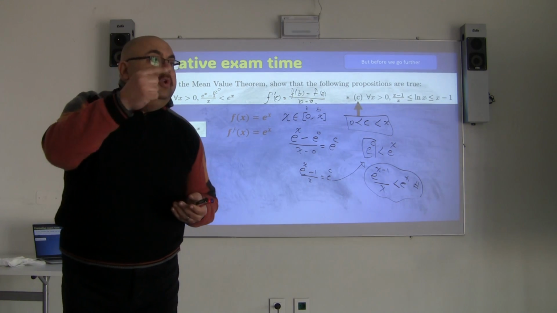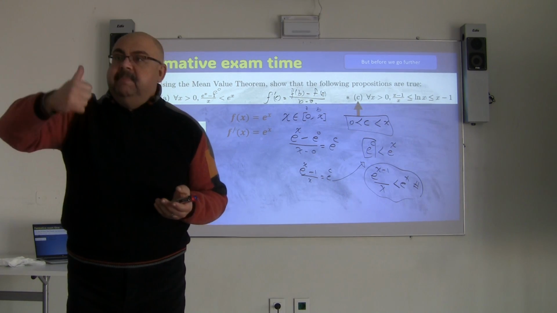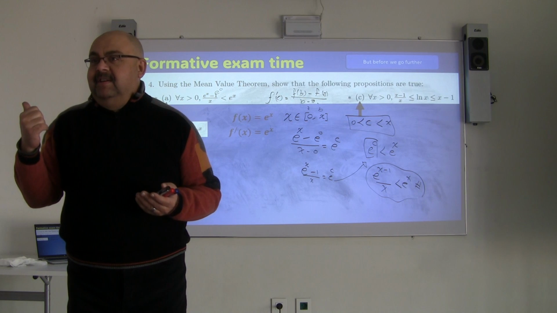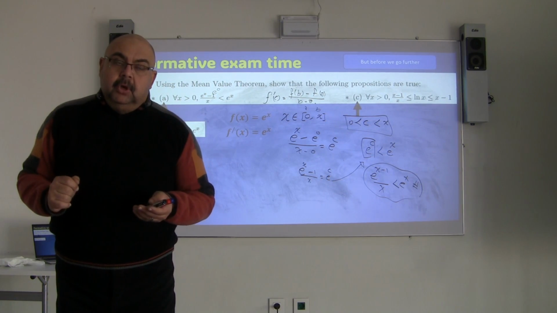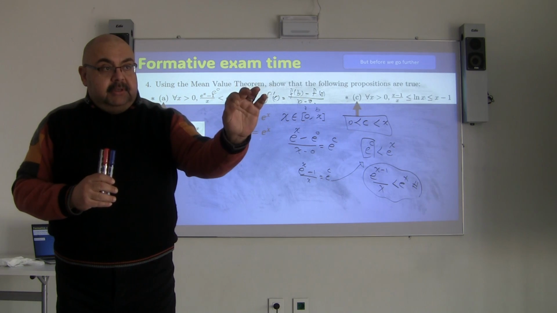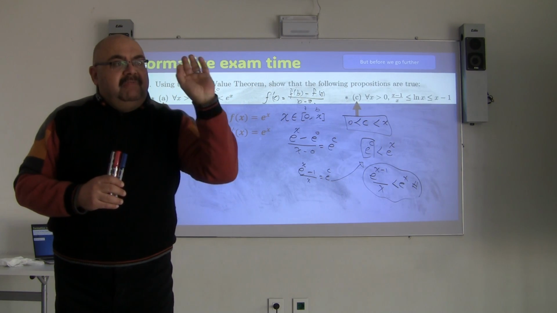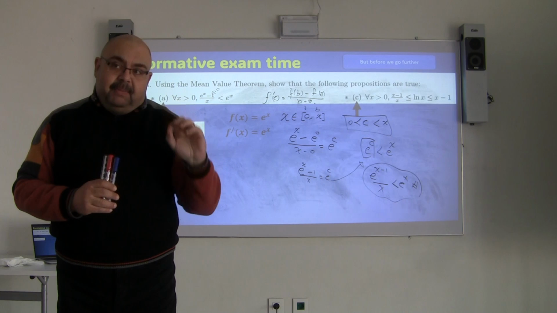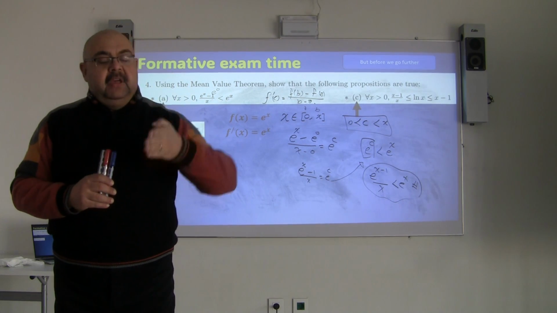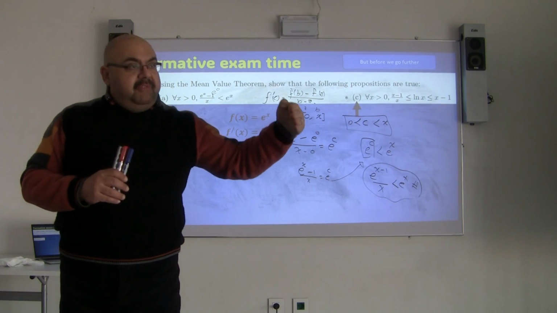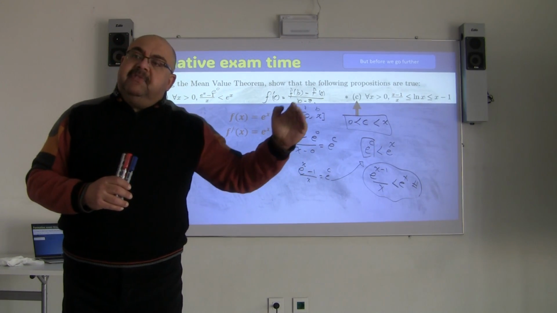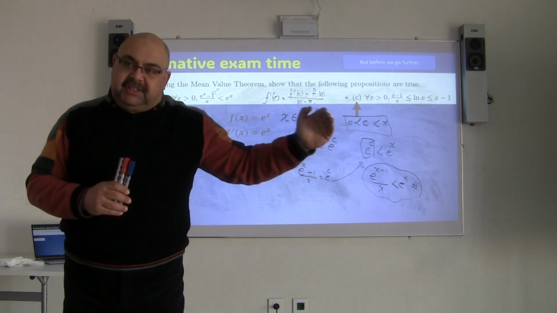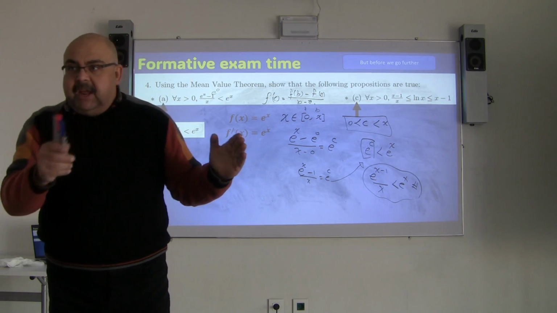Guys, we already solved a problem like this in the previous session, in the mean value theorem, which was a proof about the logarithmic function. So once it is required to use the mean value theorem to prove something, start from (f of b minus f of a) divided by (b minus a) is equal to f dash at c, where c belongs to the interval between a and b.